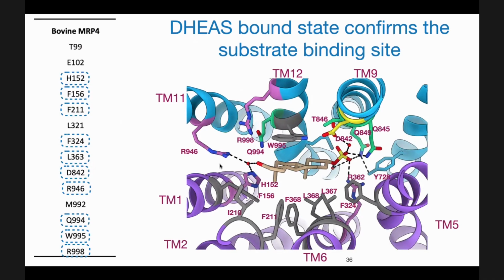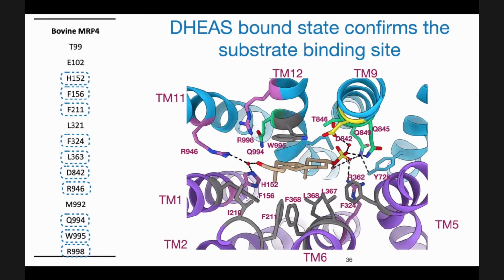So here are those structures, and you can see that the substrate is stacking in between these hydrophobic tryptophans, and also these hydrophobic residues like phenylalanine, and polar and non-polar residues like leucine. And you could see, this is a DHEAS bound state where its oxygens are being bound by water and arginine 946 and histidine.